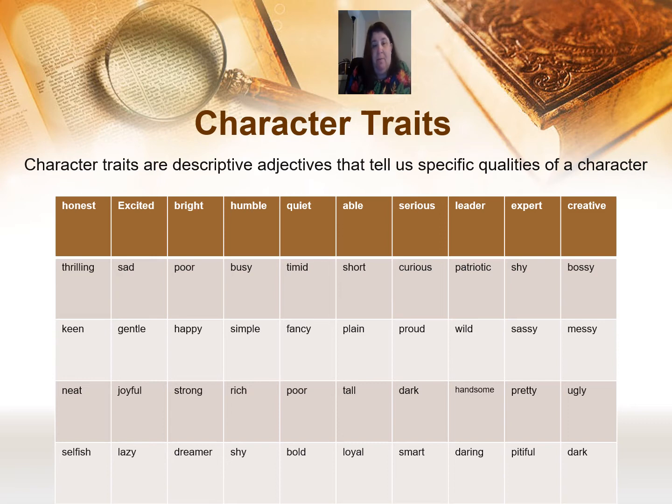Like, are they smart? Are they not smart? Are they loyal? Are they rich? Are they poor? Are they strong? Are they weak? Are they fancy? Are they plain? Are they wild? Are they sassy? There's a lot of different ways that you can describe your character, and this is just a list of some of those.